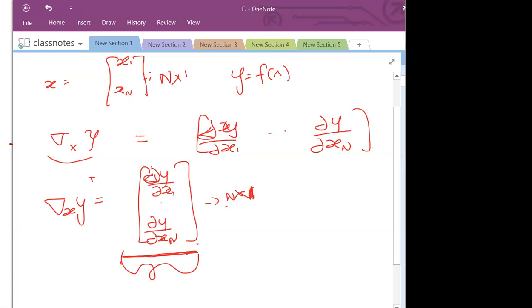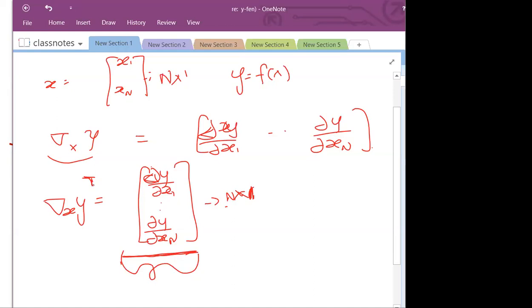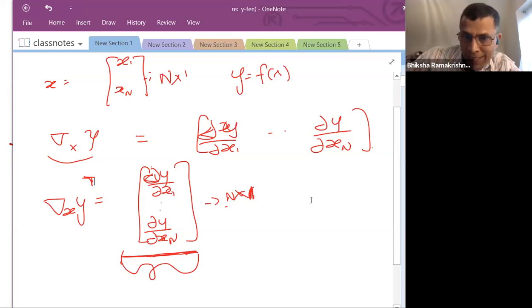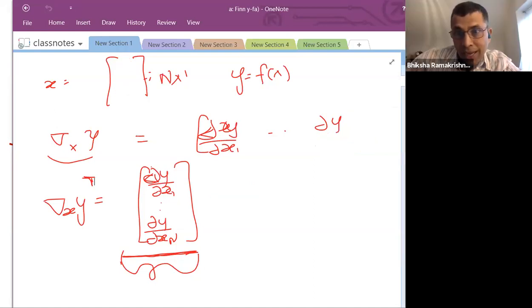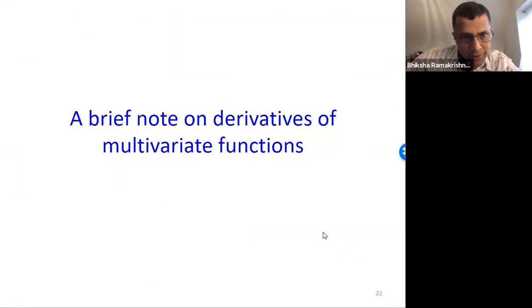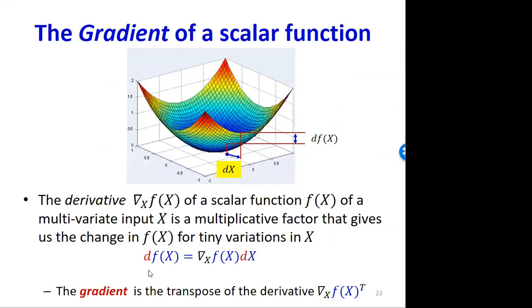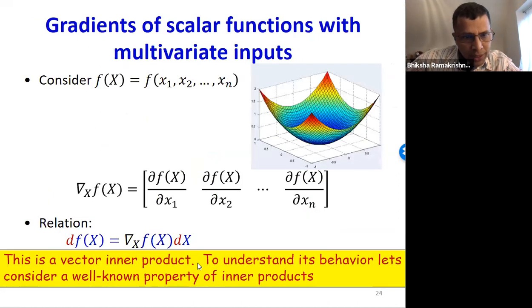Professor, what do those mean? It's the maximum change. What do you mean by maximum change? Maximum change of y. So it's the direction in which y, which is a scalar, changes fastest. You're absolutely right. So again, going back, we had df equals derivative times dx, right? This guy is a row vector. This guy is a column vector.